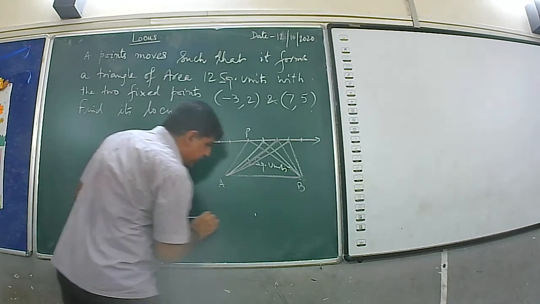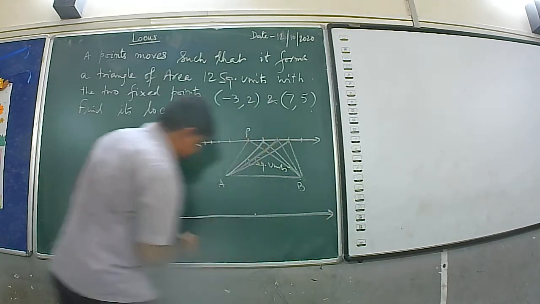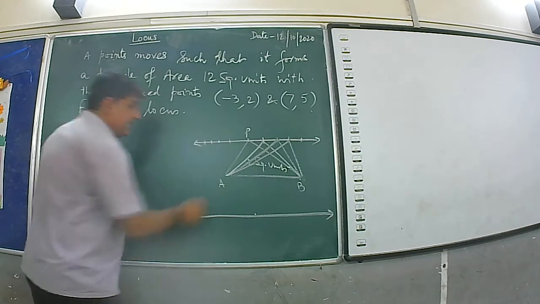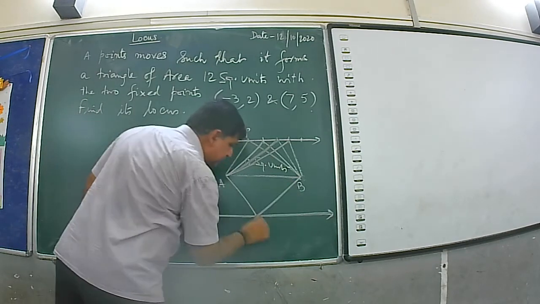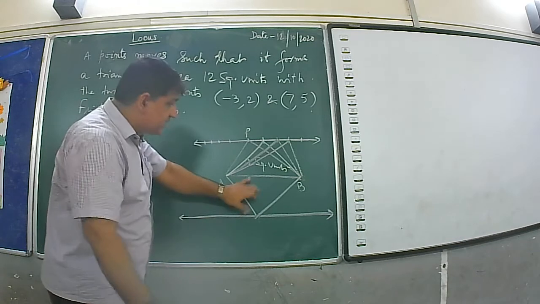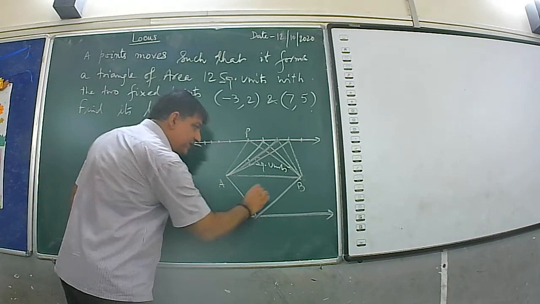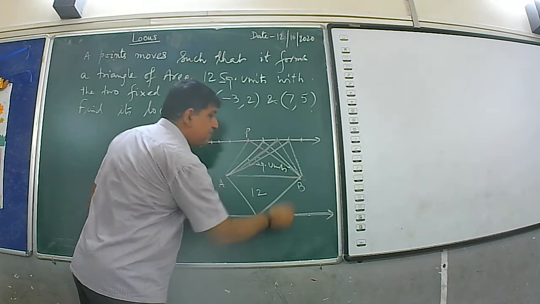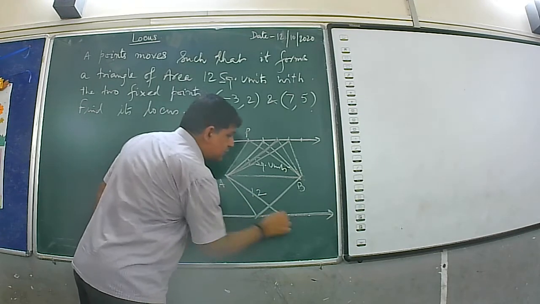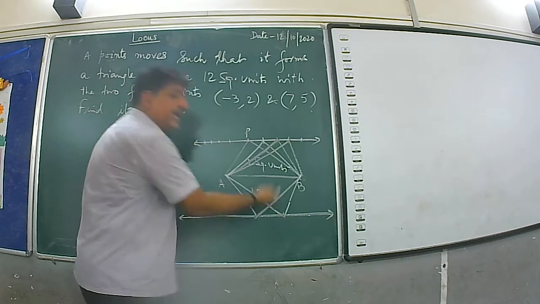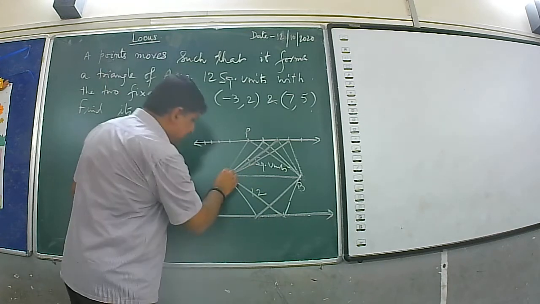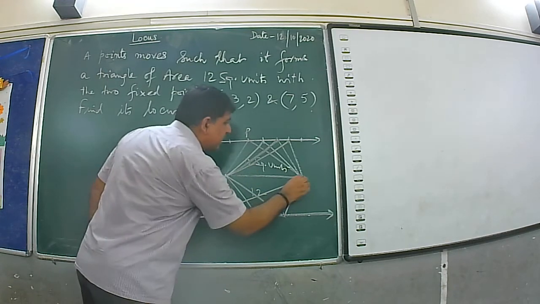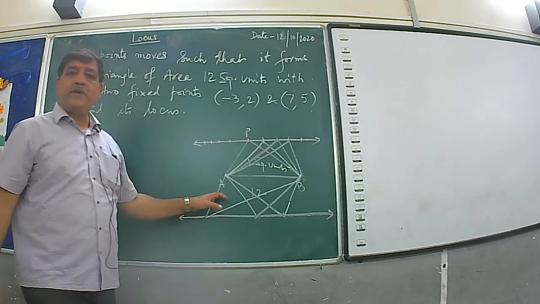If we draw a line parallel in this direction, and this is the position of point P, then the area of this triangle is 12 square units. Similarly, if point P moves on this line, say it takes this position, then this triangle again has area 12 square units.